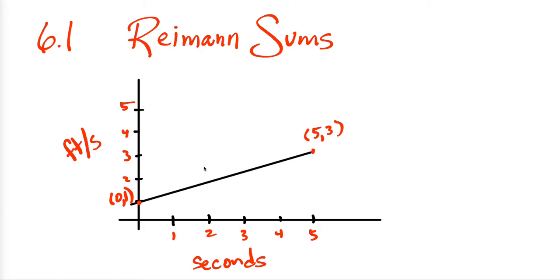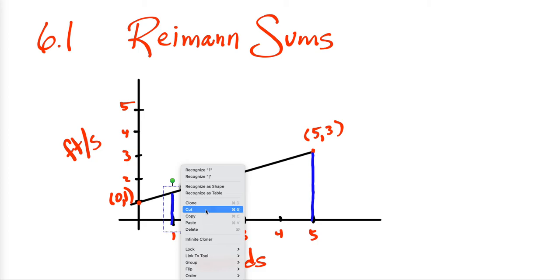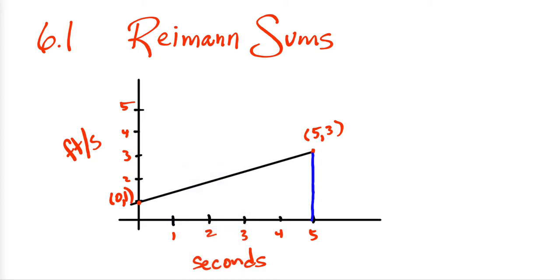So we did this quite a while ago, where you guys found the area under a curve, or under a graph. Let me erase that one. Let's make it easy and go from 0, 1 to 5, 3. So we found this area.